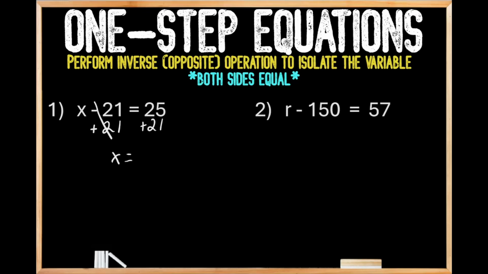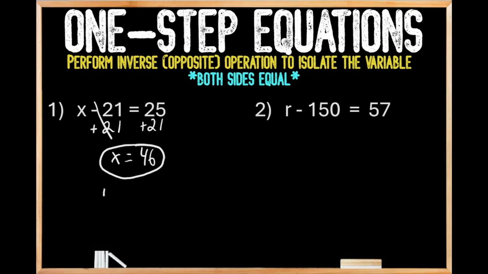And then on the right-hand side, we're going to add 21 onto 25, which we know gives us 46. So x is equal to 46. And just like when we were double checking when we were going through our one-step addition equations, we're going to make sure that we have the correct answer here by plugging in our value of x into our original problem.